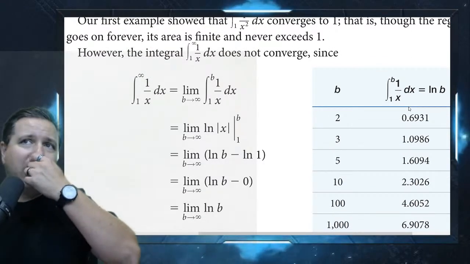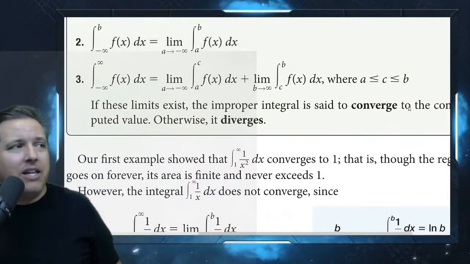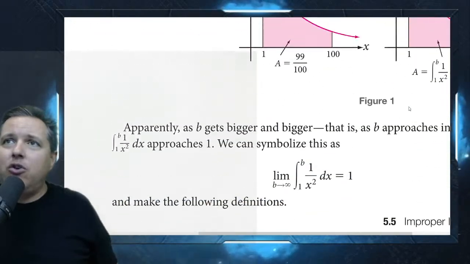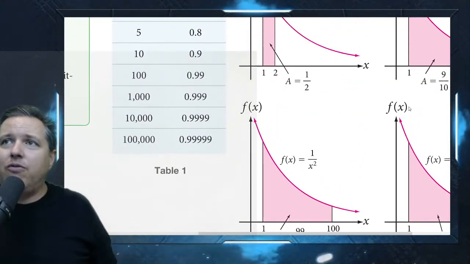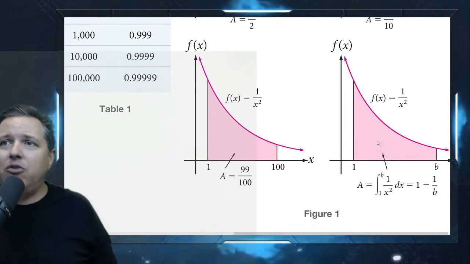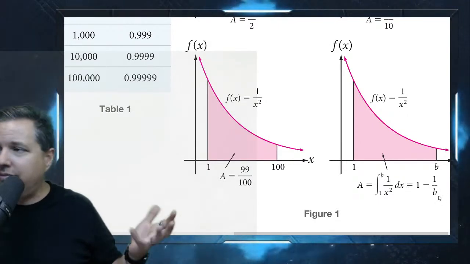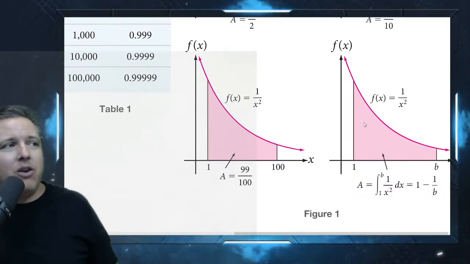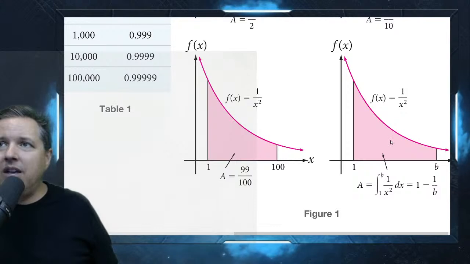Now, this is kind of weird. This shows an interesting cutoff for mathematics. Notice how we just looked at the integral of 1 over x squared from 1 to infinity, and we showed that the area is 1. Because as b goes to infinity, you get 1 minus 1 over numbers that are going to infinity, so this becomes 0, and you get 1. It's kind of weird: as b goes to infinity, this pink area is 1.